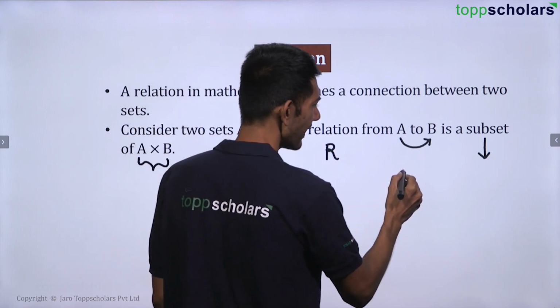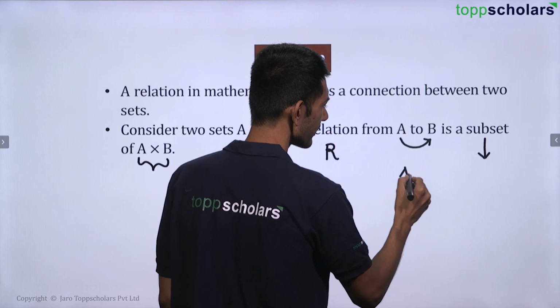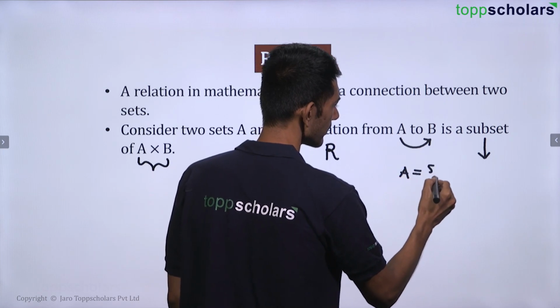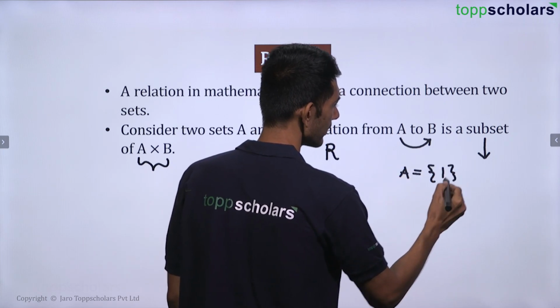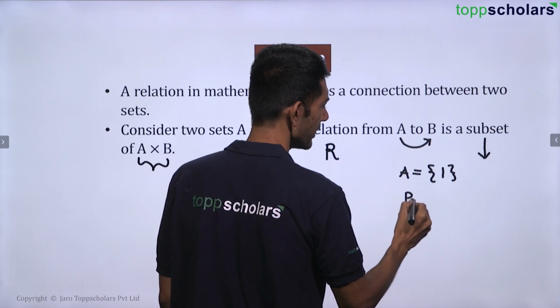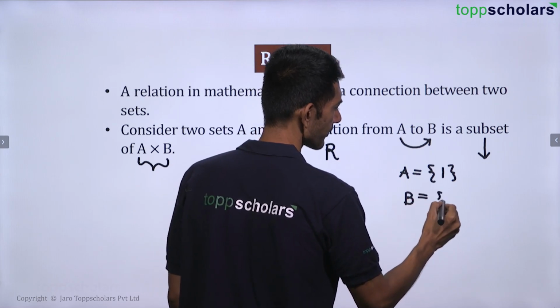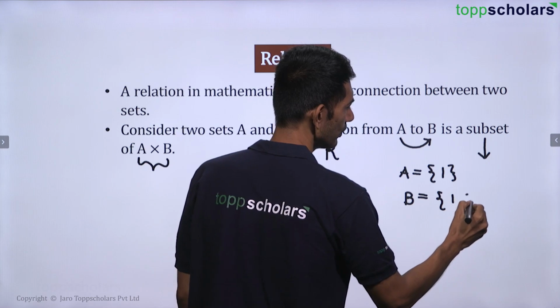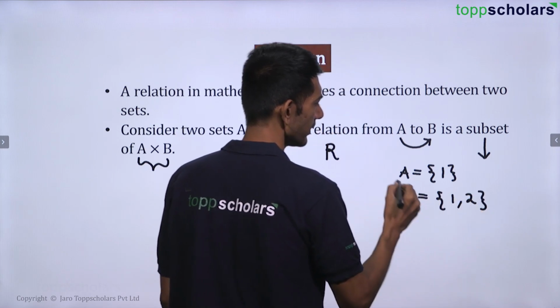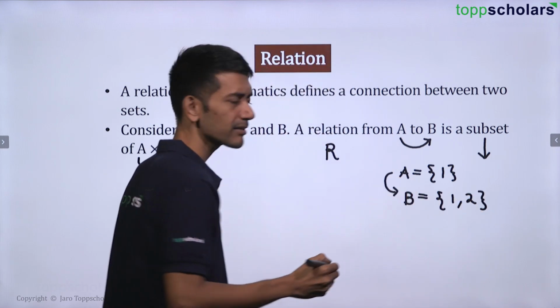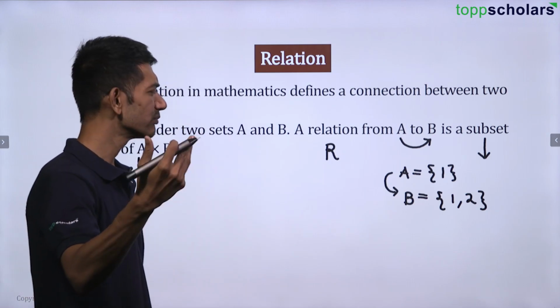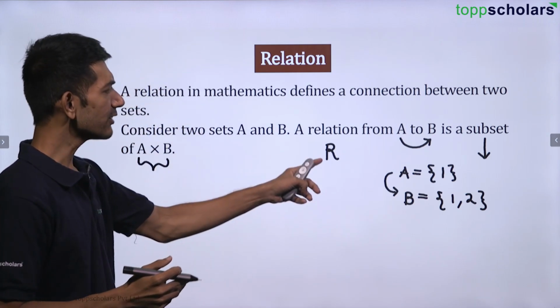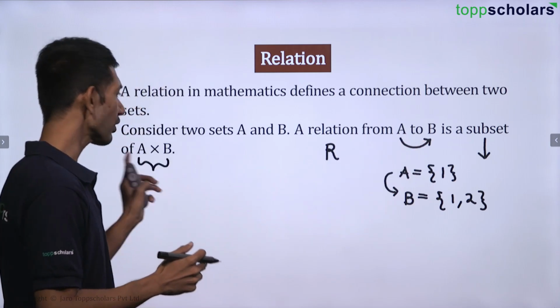For example, if I have some elements in A, say 1, and if I have some elements in B, say 1 and 2, then here I can say that A is the subset of B. Just to give you a quick recap. So a relation R from A to B is a subset of A cross B.